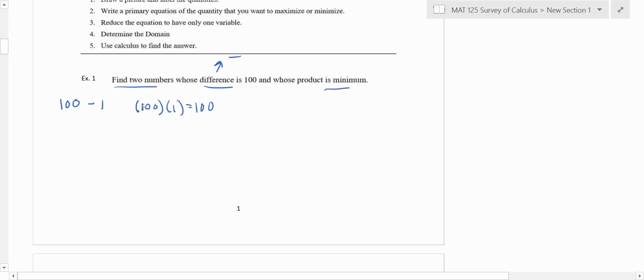Hold on, that's not right. Let me correct myself there. Let's do 101 minus 1. Okay, that would be two numbers that have a difference of 100. Now if you did the product, which means multiply, you would have 101 times 1, so that's equal to 101.